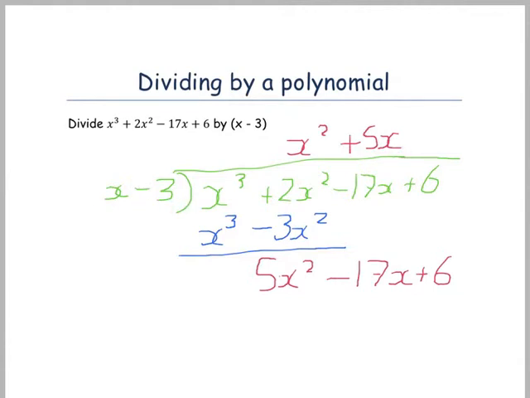As we did before, we're now going to multiply what we just found, 5x, by what we're dividing by. So 5x times x is 5x squared, and 5x times minus 3 is minus 15x.